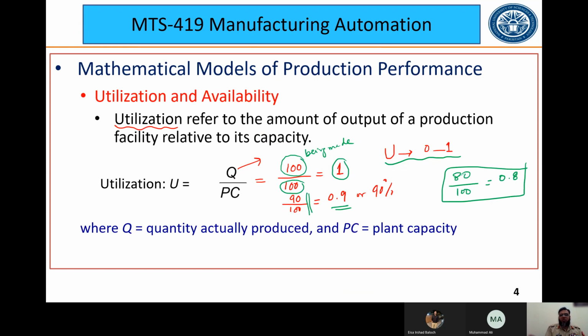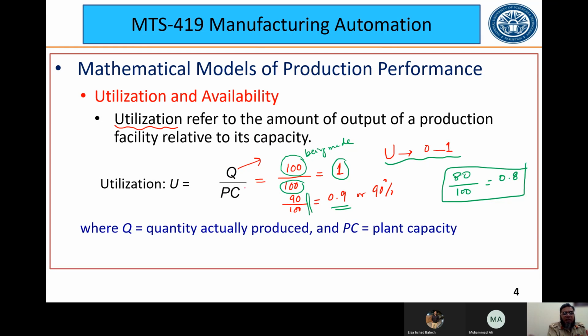So this is what we discussed yesterday, the definition of utilization and availability. Just a recap: the utilization of any facility or machine or manufacturing setup refers to the amount of output of a production facility relative to its capacity.